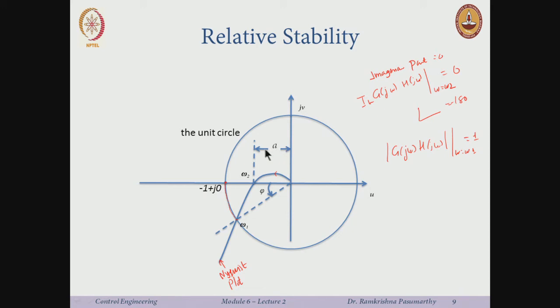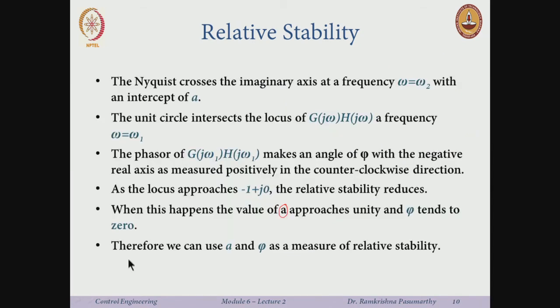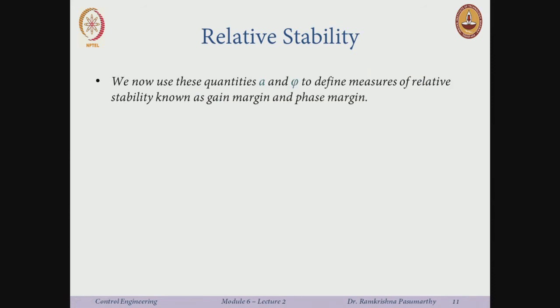So, A approaching 1 would be bad news for me. In a similar way, φ approaching 0 will also be bad news for me, okay. So, therefore, we use A and φ as a measure of relative stability, okay. So, we will use these two quantities A and φ to define the measures.